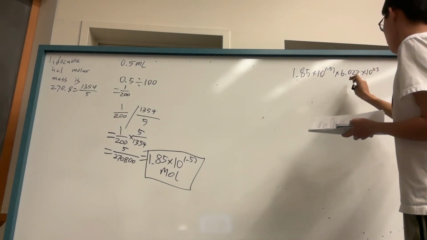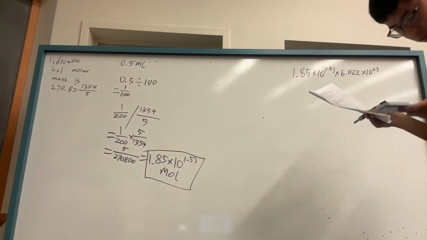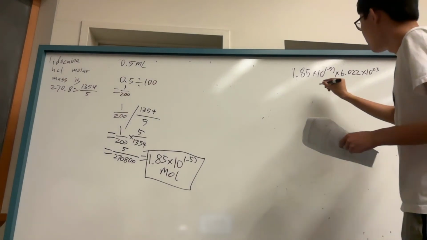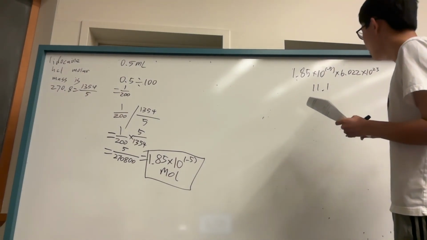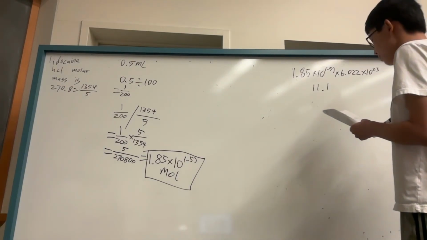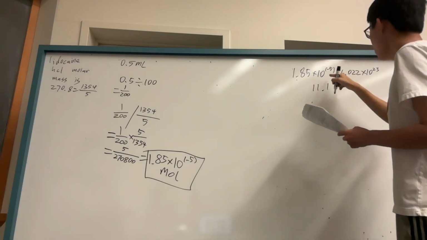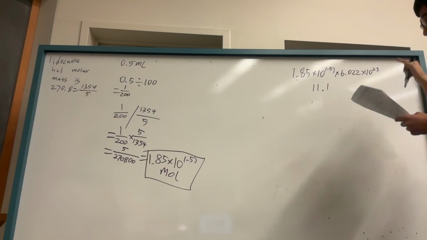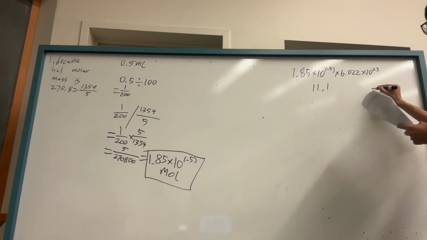1.85 times 6.022 will be equal to 11.1. And 10 to the negative 5 times 10 to the 23rd. 23 minus 5 equals 18, obviously.